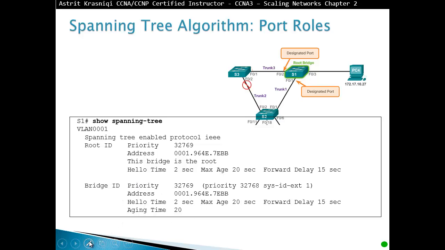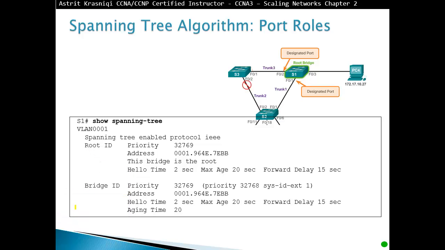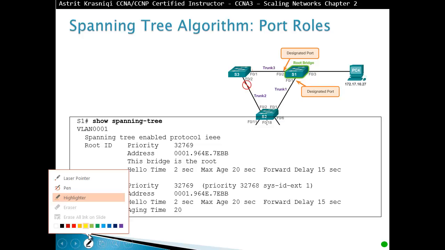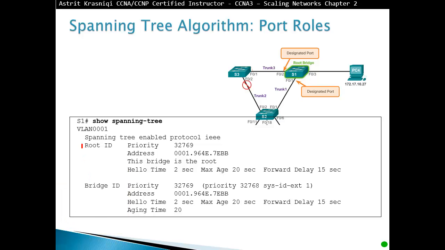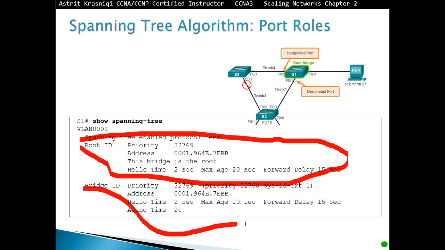It would be nice if I can mark it, highlight it, maybe in red. Let me try this section here. This section is about the root bridge. This section here is about the switch.